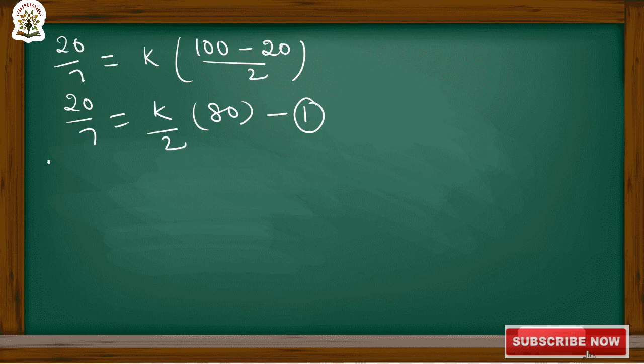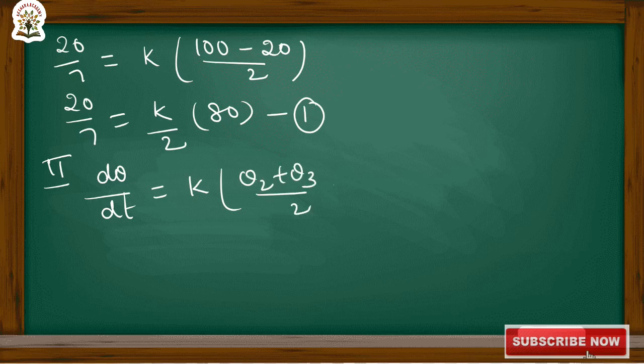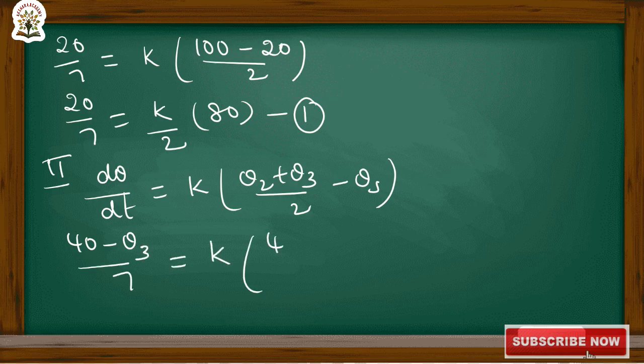Next, we'll go for the second case. According to Newton's law of cooling, d theta by dt is equal to k of (theta 2 plus theta 3) by 2 minus theta s. 40 minus theta 3 by 7 is equal to k of (40 plus theta 3) by 2 minus theta s.